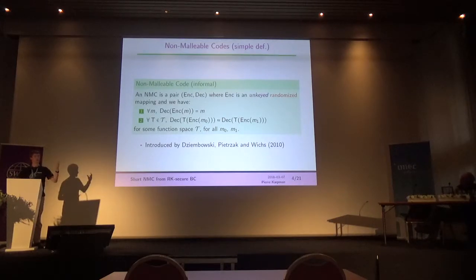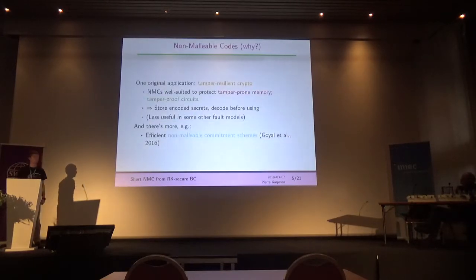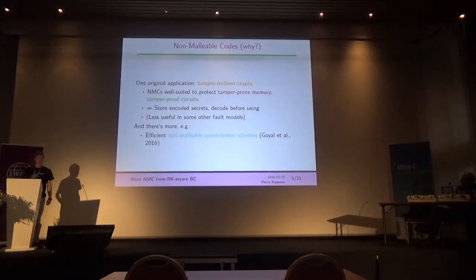Those non-malleable codes, or NMCs, were introduced by Dziembowski, Pietrzak, and Wichs in 2010. One of the motivations for that was to apply this to tamper-resilient crypto. If you think about the functionality that they bring, it's kind of natural, at least for some fault models.